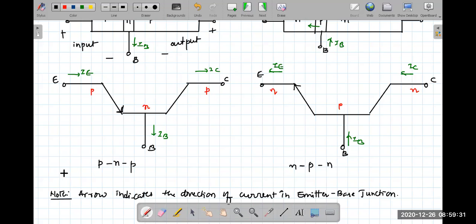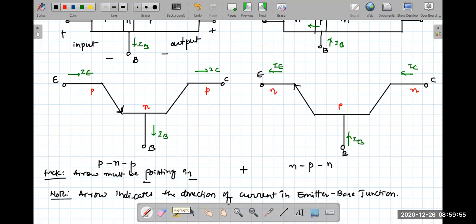Pointing in. So the trick to remember this is: the arrow must be pointing in, so PNP.